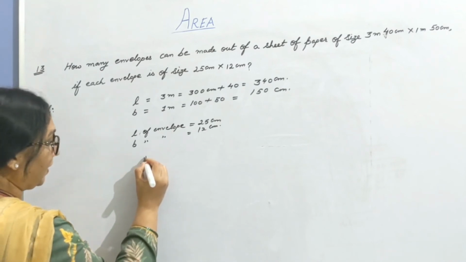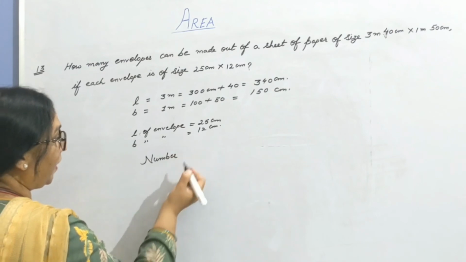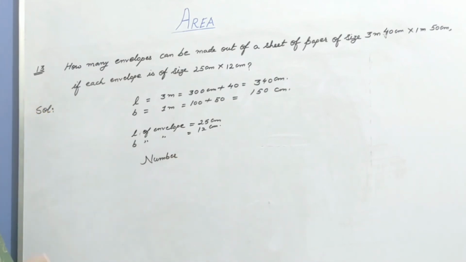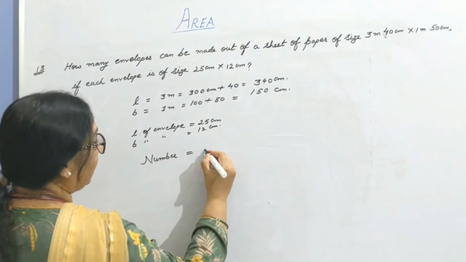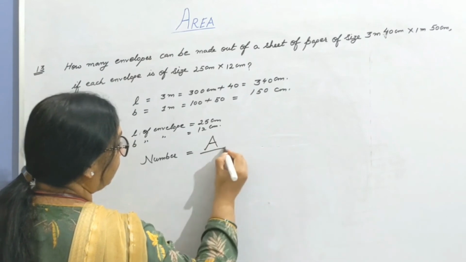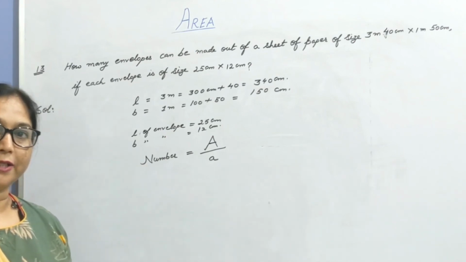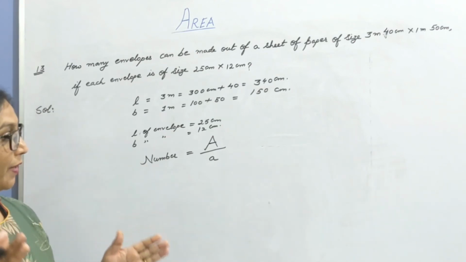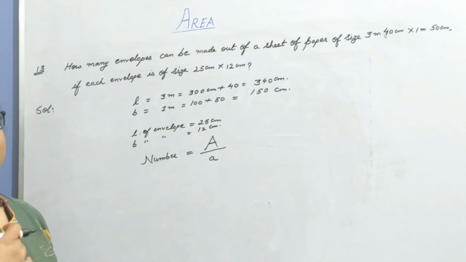Whenever you are asked to find the number of envelope or the number of tiles or the number of brick used, what is the formula? Numbers you can obtain by dividing the greater area by the smaller area. What do you mean by greater area? Area of the sheet, that is the greater area. When you divide by the area of each envelope, you get the total number of envelope.